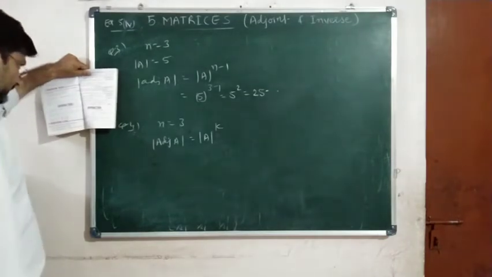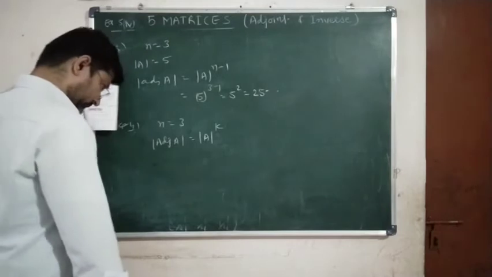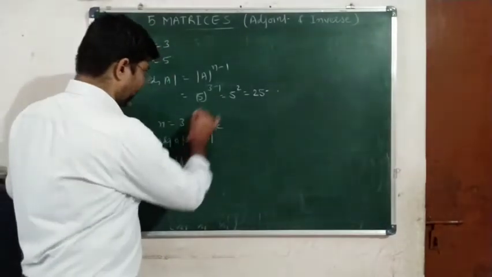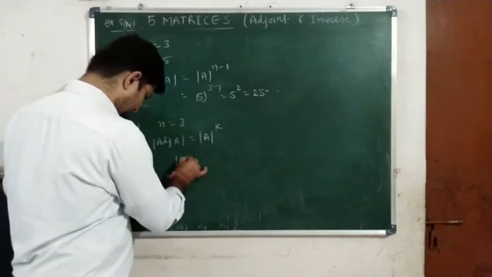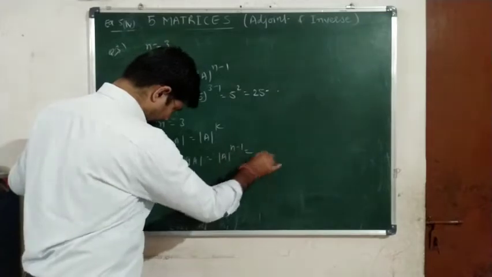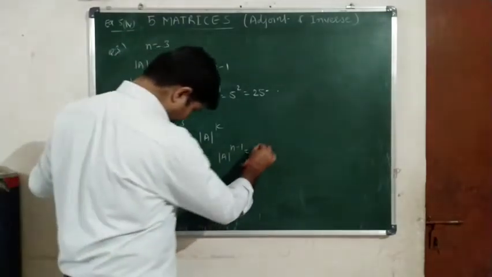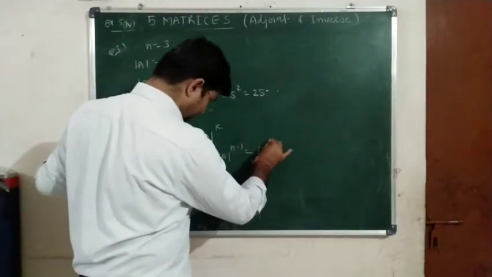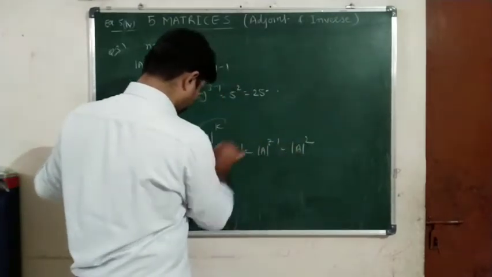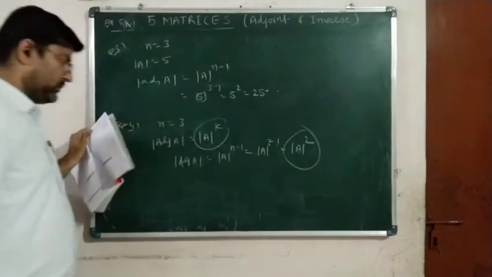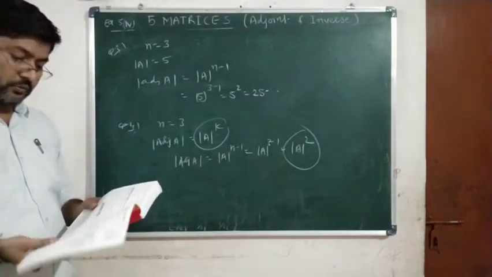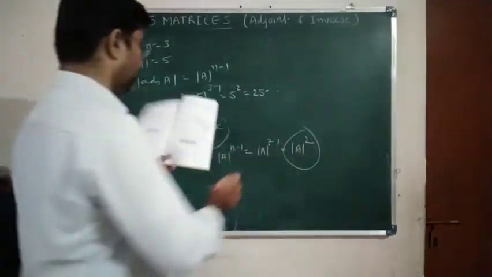Okay, so obviously we know this formula: determinant of adjoint of A is equal to determinant of A raised to n minus 1, value of n is 3. So determinant of A raised to 3 minus 1, so determinant of A raised to 2. So comparing the two right hand sides, we will get k is equal to 2. So this is question number 4.